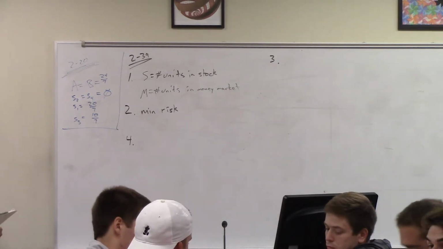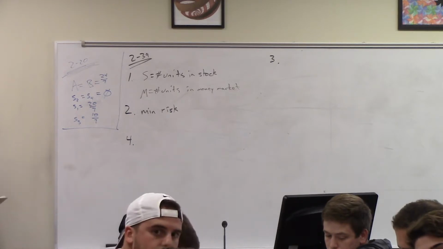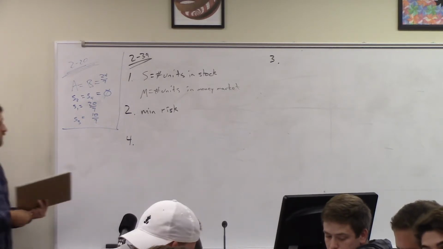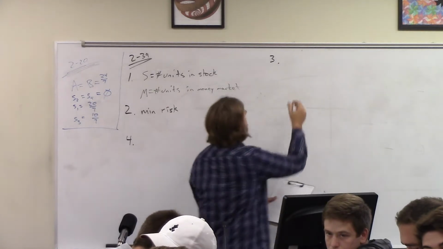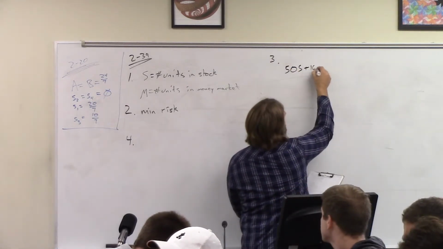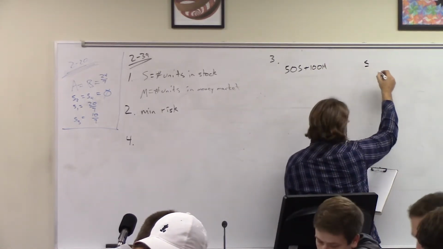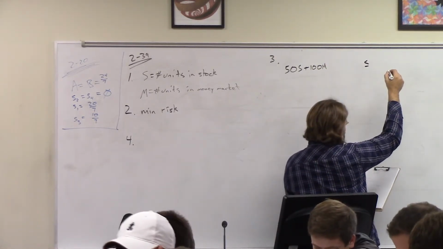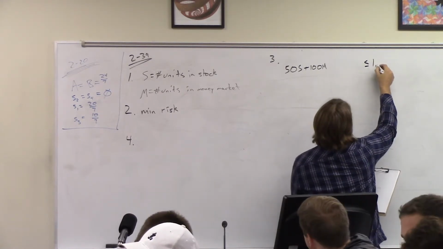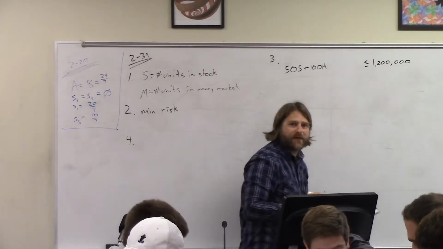Can you give me one of the constraints in this problem in the back there? 50S plus 100M is less than or equal to 1.2 million. Is less than or equal to, you said? Yeah. 1.2 million. Okay, and what does that represent in English?